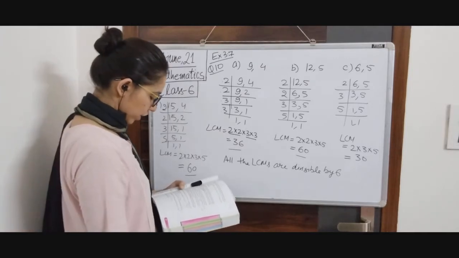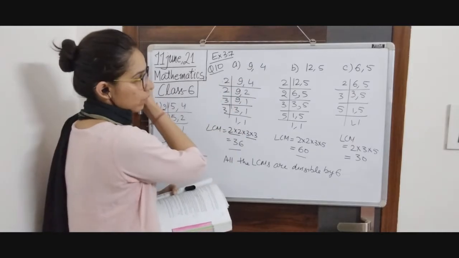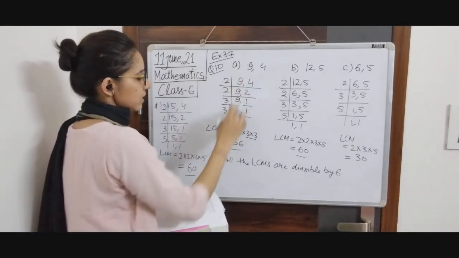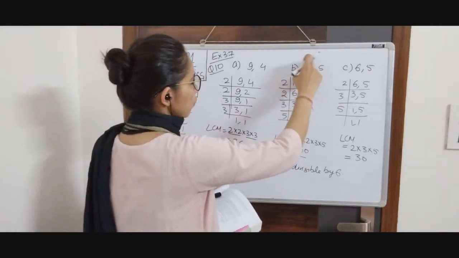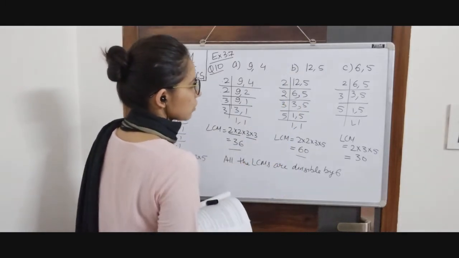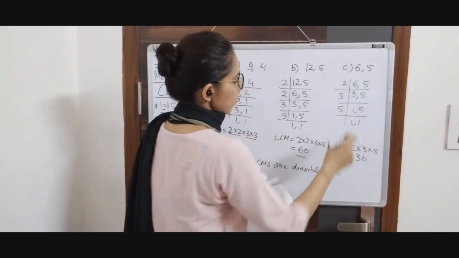Is LCM the product of 2 numbers in each case? In this case, we have numbers 9 and 4. Product of these numbers is 36 and LCM is also 36. In these numbers, we have 12 and 5. Product of these is 60. LCM is also 60. Similarly, in C, numbers are 6 and 5. Product of them is 30.